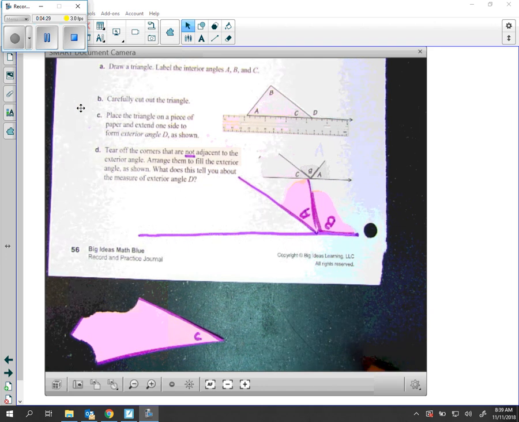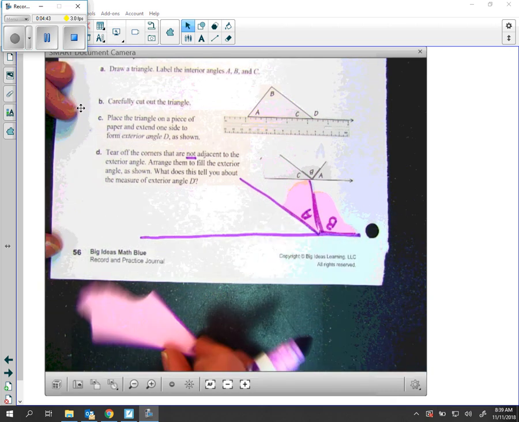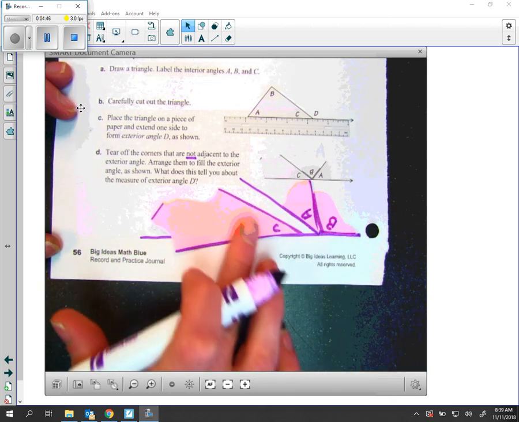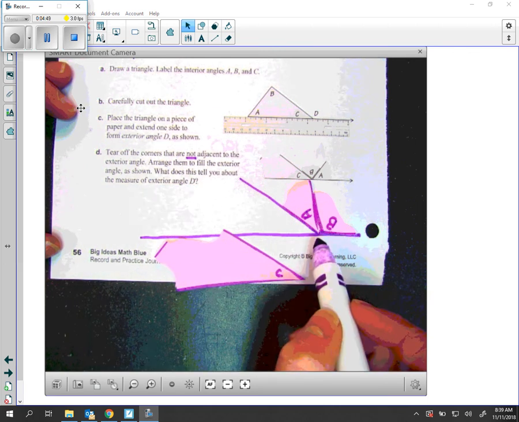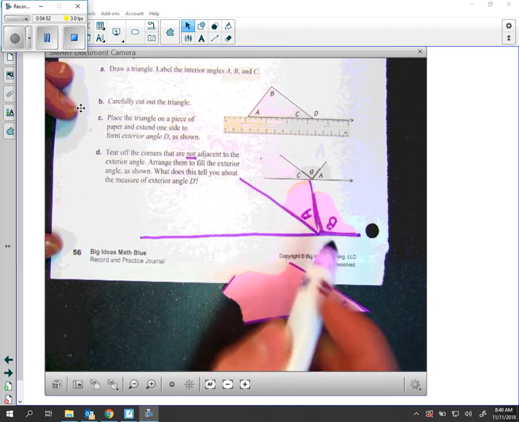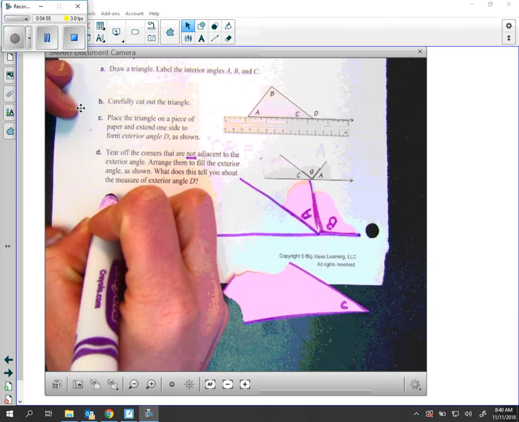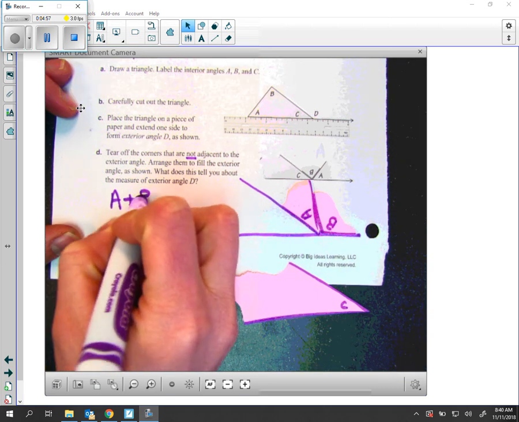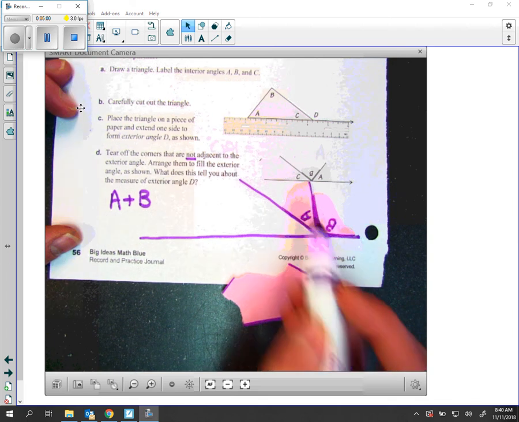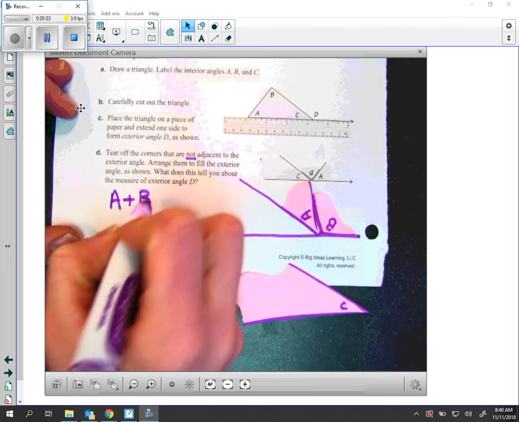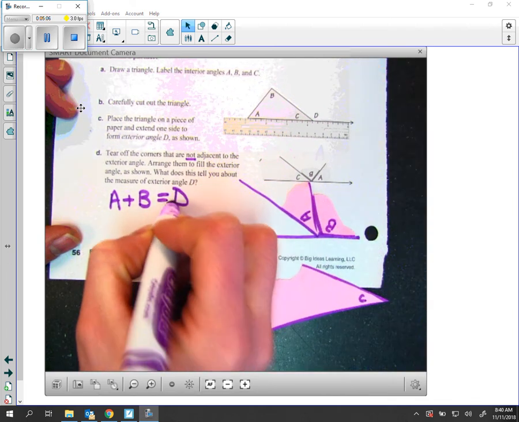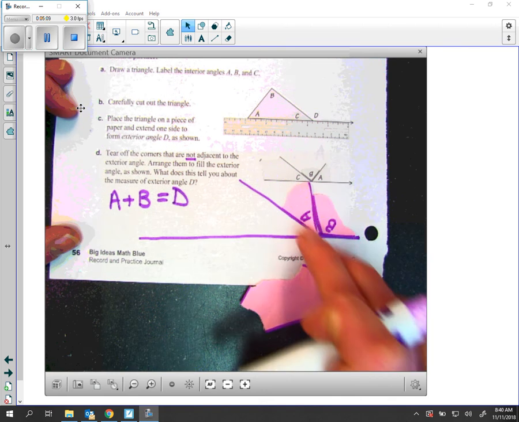So what does that tell you about your exterior angle? What does your exterior angle equal? Well, I had my non-adjacent or opposite angles from that corner. If I took those angles that are not adjacent, A plus B, and I add them together, that's going to equal the exterior angle, which we have called D. I forgot to label that on mine.